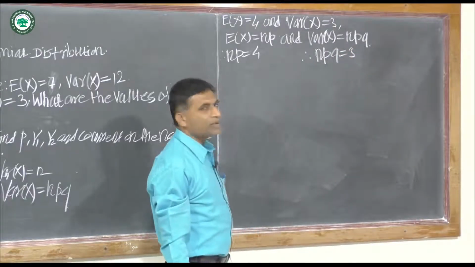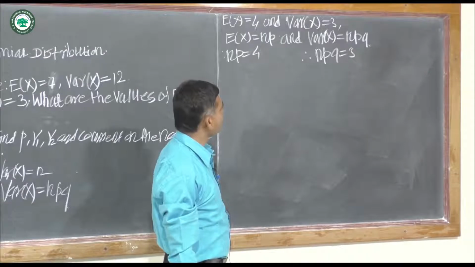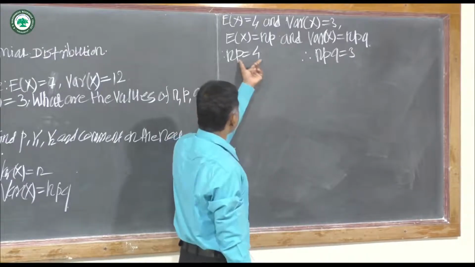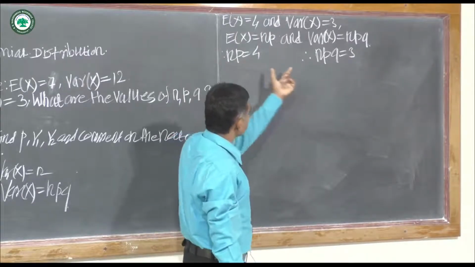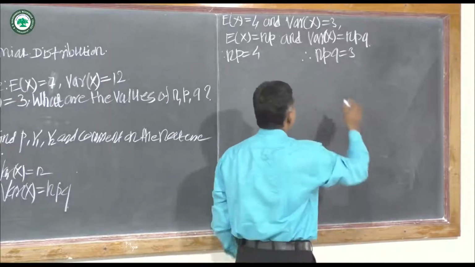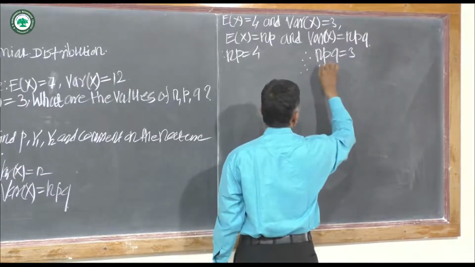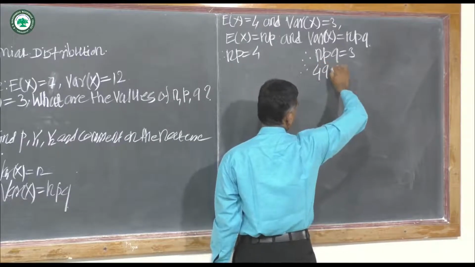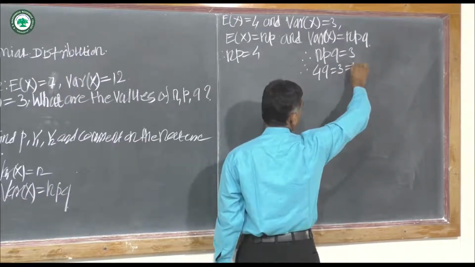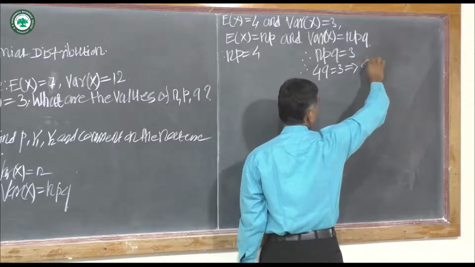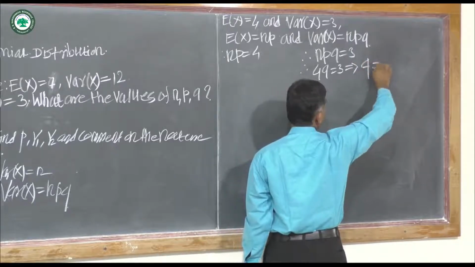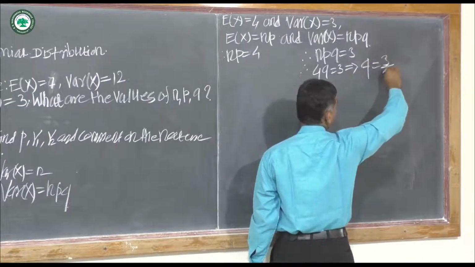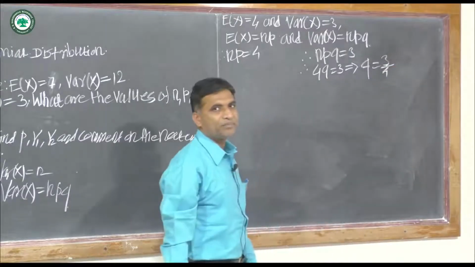The variance of binomial distribution is npq. Now, np is equal to 4. Put the value of np in this equation, then we have 4 into q is equal to 3. This implies that q is equal to 3/4.